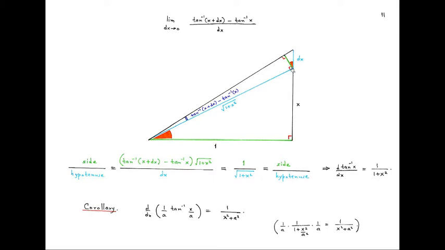Because first of all, we notice that this light blue side length and this side length are the same because they are both the radius of the circular arc. And so this is an isosceles triangle. And since this little wedge angle is tiny, because this dx was very small, it follows that both of these equal angles are almost 90 degrees.